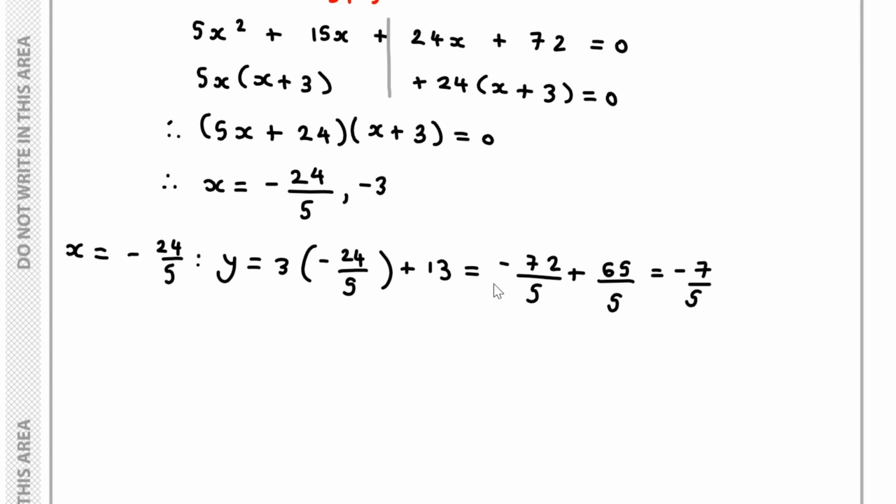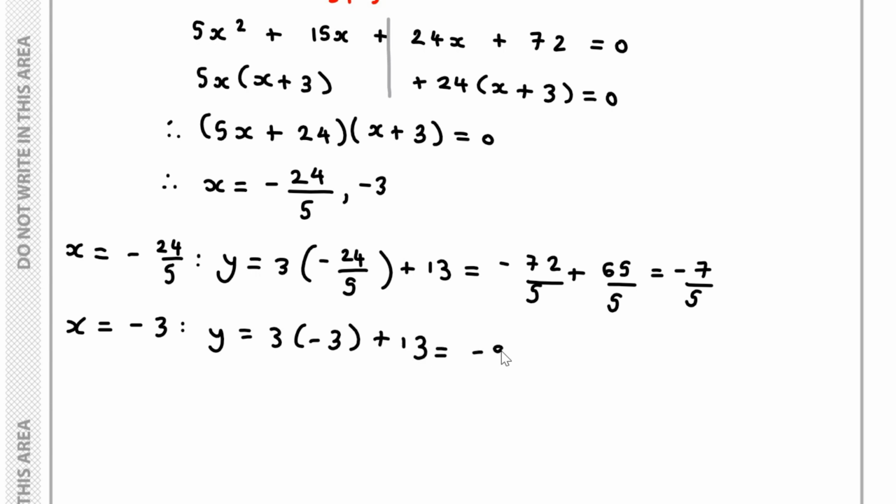Okay, so let's just straighten out these fraction lines. And then when x is equal to minus 3, y is equal to 3 lots of minus 3 plus 13, which is minus 9 plus 13, which is 4.